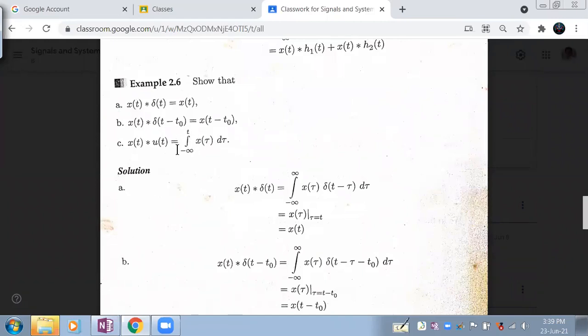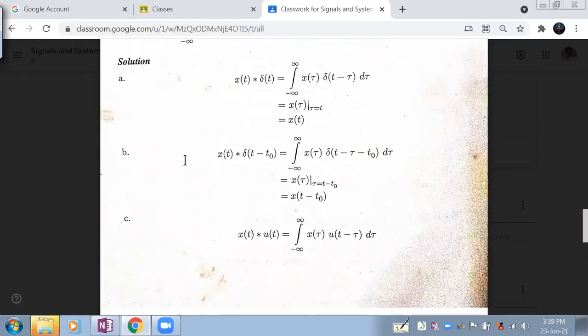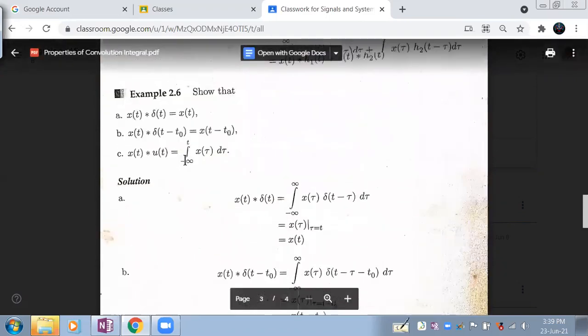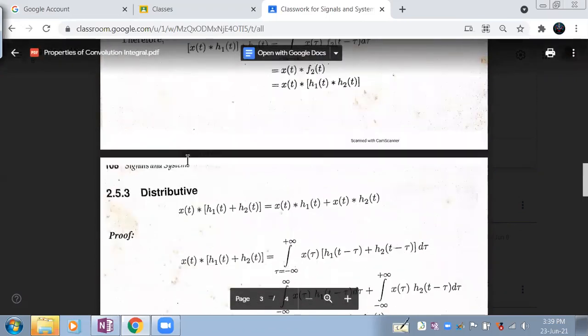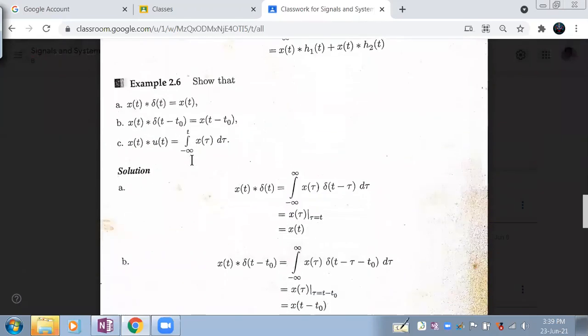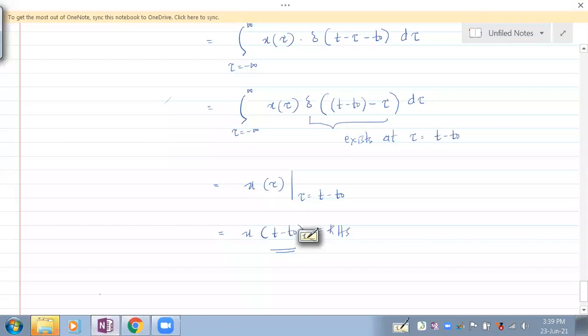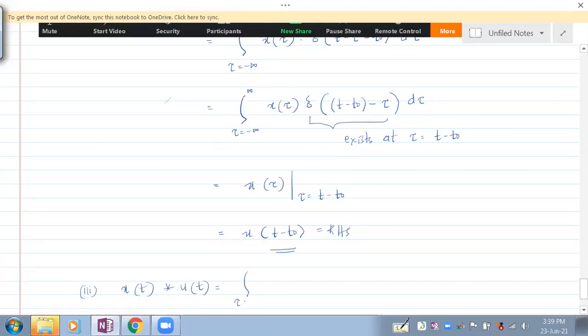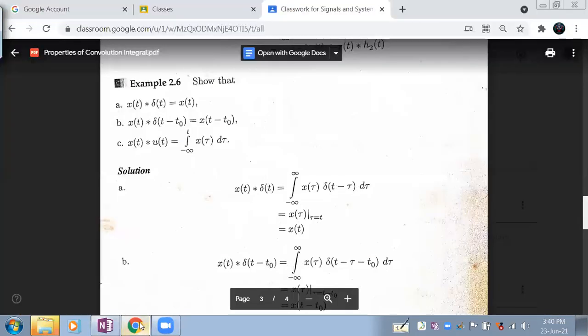So how to prove this is what we're looking at now. Okay, so let's take the third one, x of t being convolved with u of t. Then it is integration tau ranging from minus infinity to t, x of tau d tau.